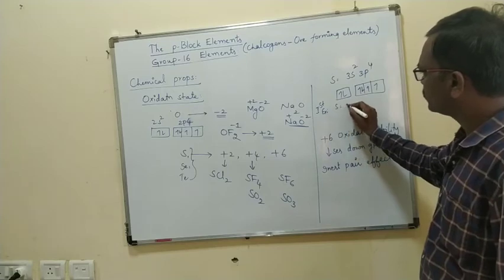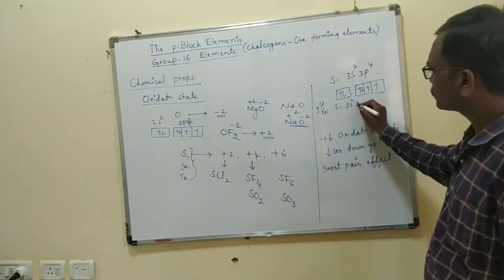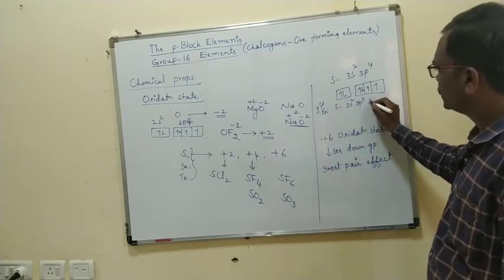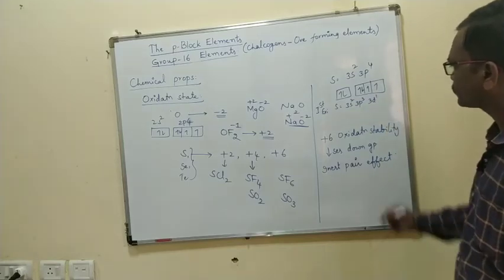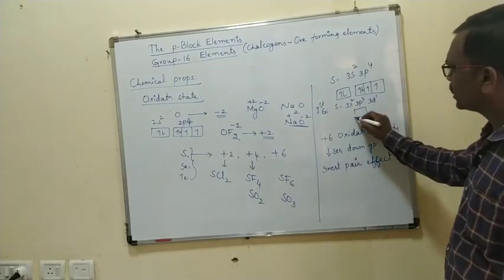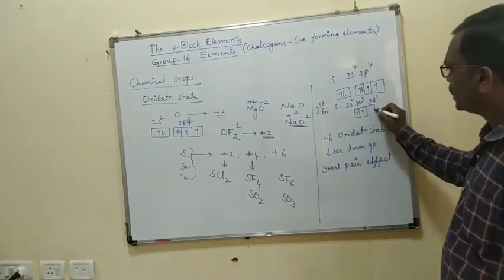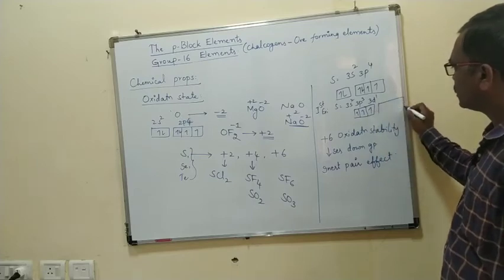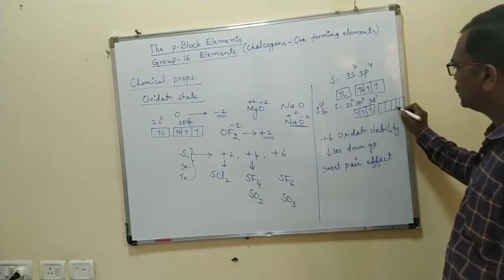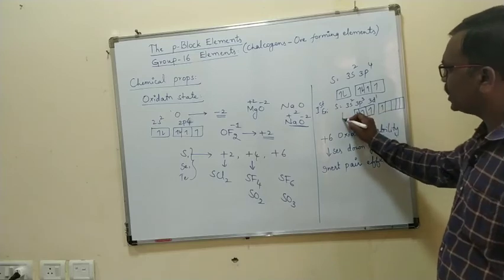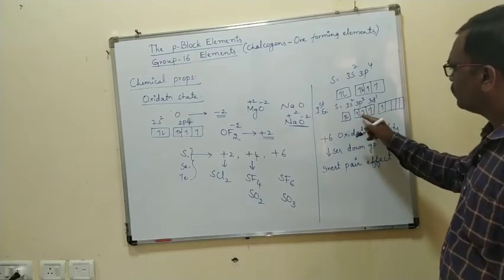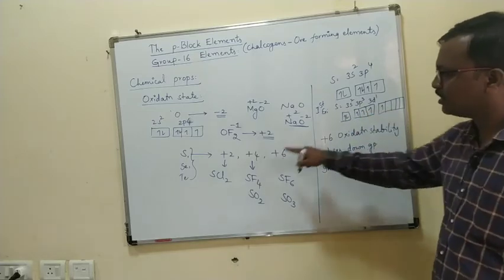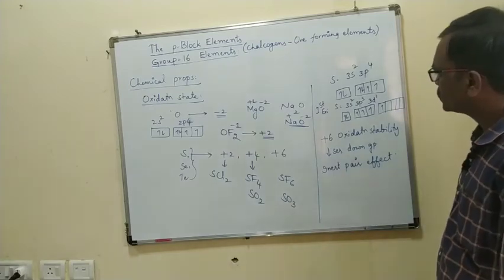Sulfur in the first excited state is 3s2 3p3 3d1. How many unpaired electrons are there? 3 unpaired electrons in p, and one more electron in the d orbital, so 4 unpaired electrons. Using these 4 unpaired electrons, it can show the +4 oxidation state.